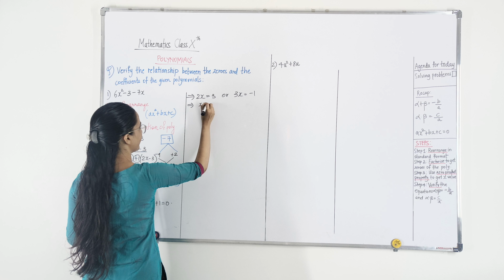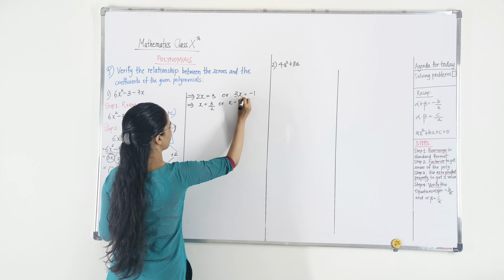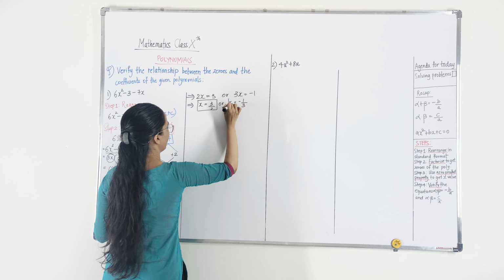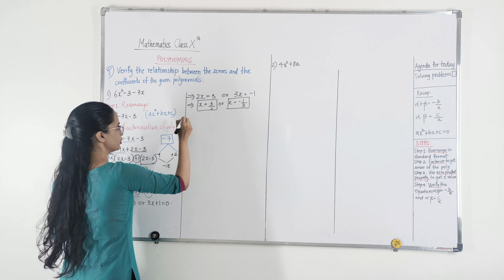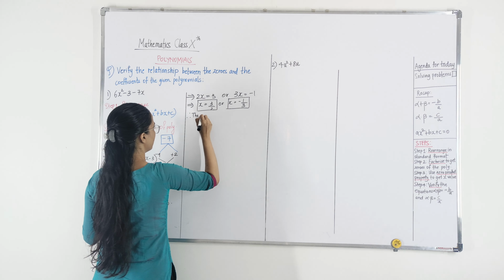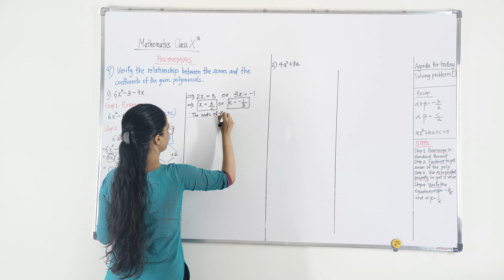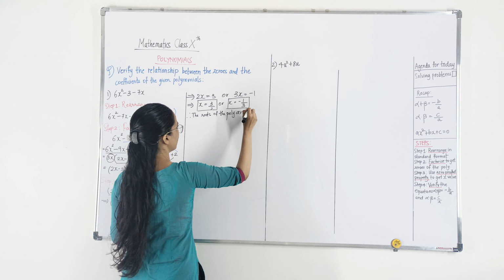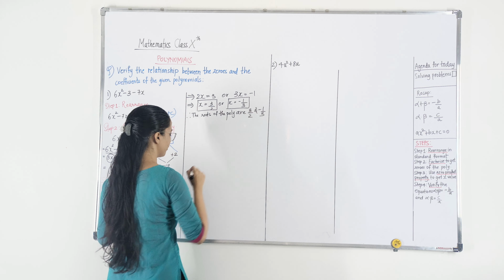This implies x would be 3 by 2 or x would be minus 1 by 3. And these are the two values of x. Right? So these are the two roots. Therefore, the roots of the polynomial are 3 by 2 and minus 1 by 3.